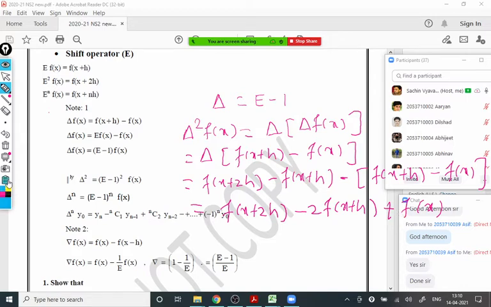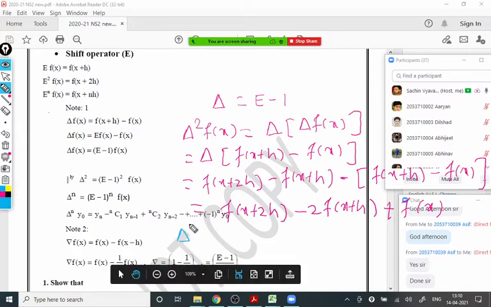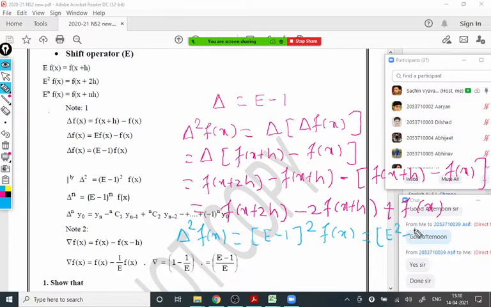I am writing now the other way. The other way is like this. Delta square of f(x), I can write delta, the value of delta is E minus 1. We already know it is E minus 1. So delta is replaced by (E minus 1) whole square. So if we take (E minus 1) square, it is E square minus 2E plus 1 of f(x).